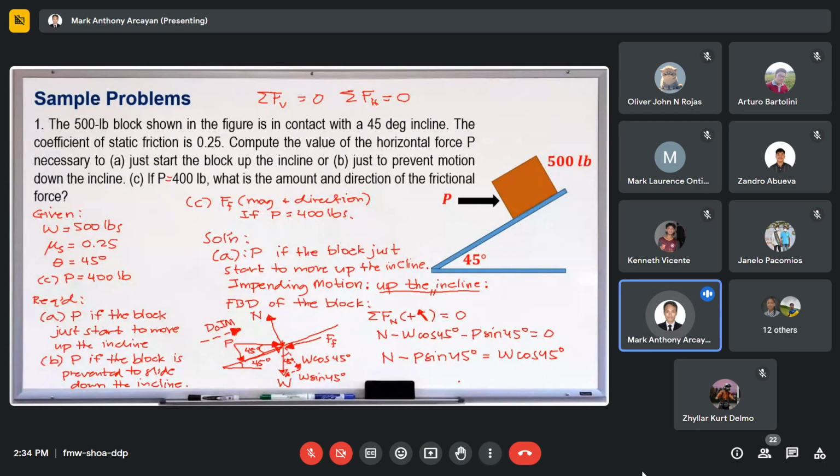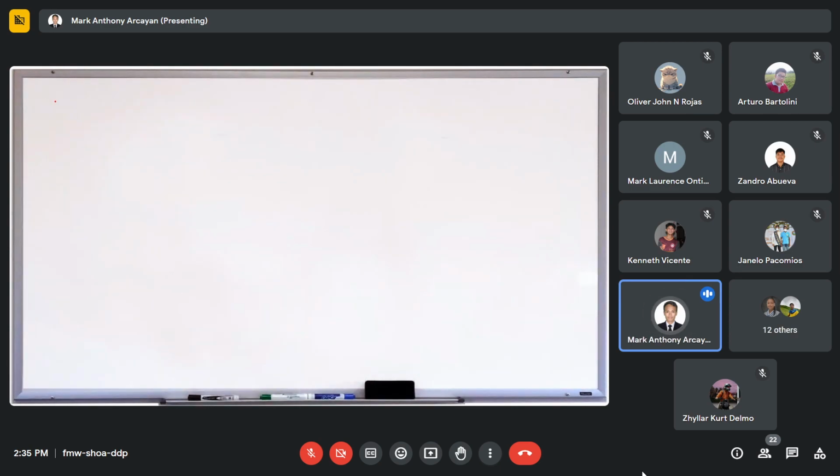Then what we are looking for is the frictional force, so we have a relation: the normal force is equal to the frictional force over mu. We substitute this, and continue on the next slide. So we have N minus P sine 45 degrees equal to W cosine 45 degrees.